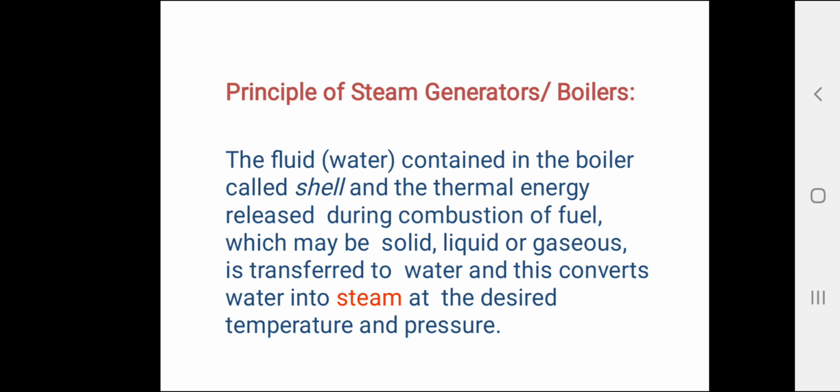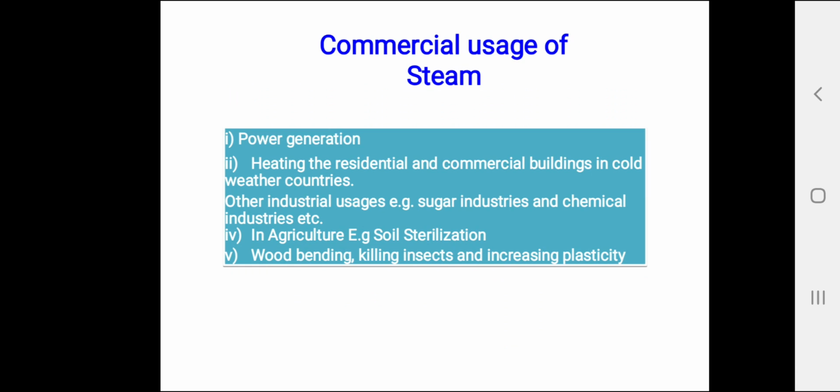So where is this steam useful? What are the different applications where steam is useful? Steam is useful in power generation. It is used for heating residential and commercial buildings in cold weather countries.